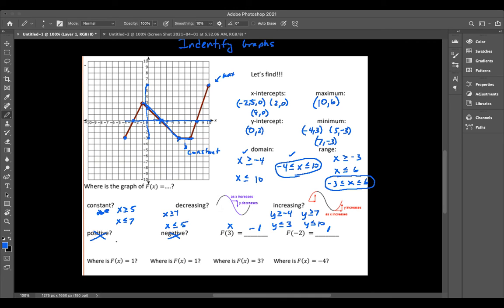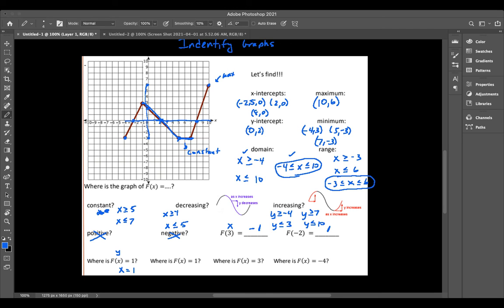All right, and a couple other questions: f of x is equal to 1, so that would be y is equal to 1. So what would be the x value? Again, when y is 1, what's the x value here? 1. Okay, and then look at this. If f of x is 1, where y is 1, what is x?